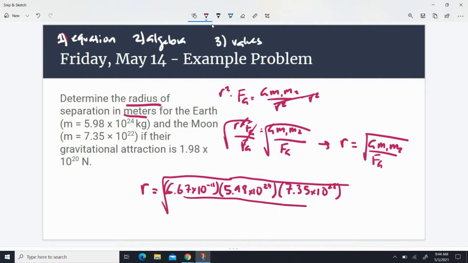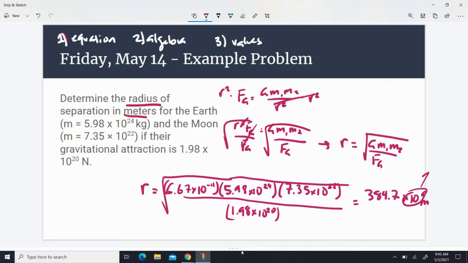And we'll divide it by the force of attraction, which is 1.98 times 10 to the 20th. We'll plug that in, and we're going to get a value of 384.7 times 10 to the 6th meters.